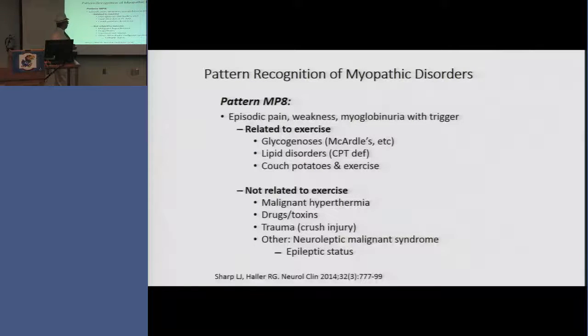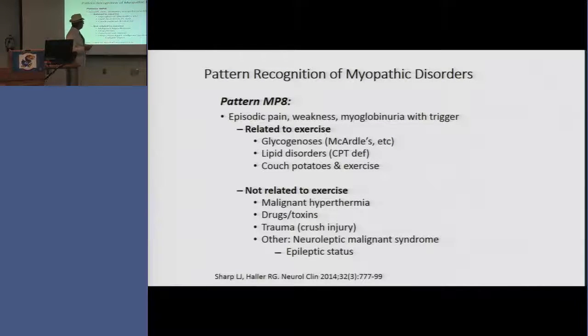MP8: episodic weakness, myoglobinuria, and a trigger. If the trigger is exercise and it's brief exercise, one should think of glycogenoses and McArdle's disease and the other glycogenoses. If it's prolonged exercise, CPT deficiency, and at times mitochondrial myopathies.